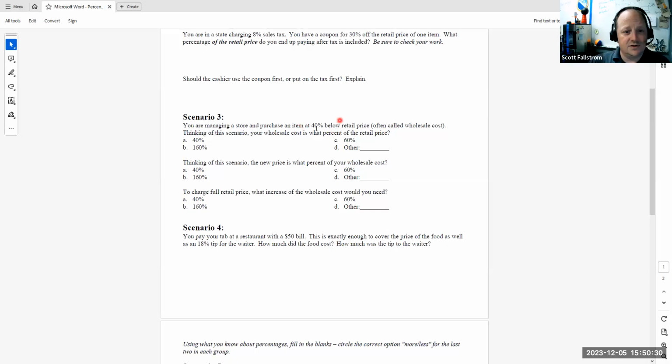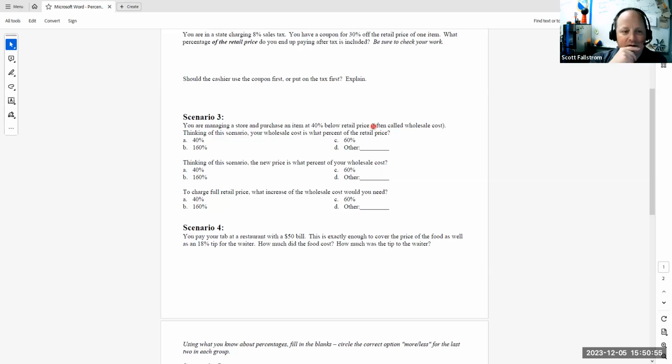But again, if you purchase an item at 40% below retail, that means the retail price is up here, I am paying less than that. So I paid 40% less. Awesome. What percent of that retail price are you paying then? Well, you would have had to pay 100%, but you bought it for less than that. So you're not paying 100%, you're paying 60%. You're paying less than 100%.